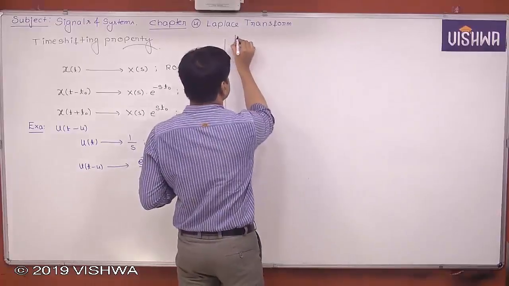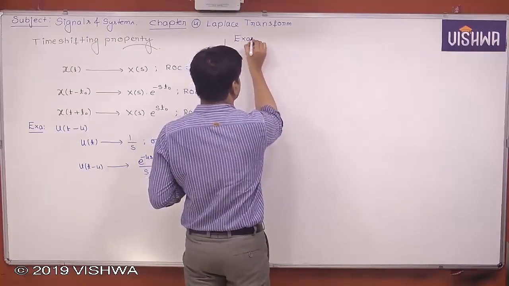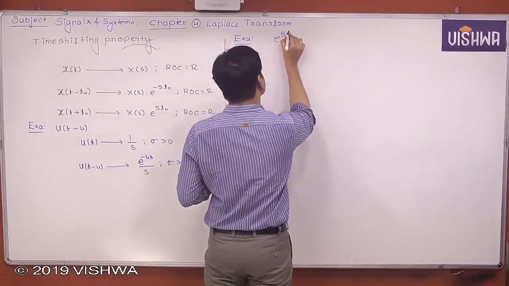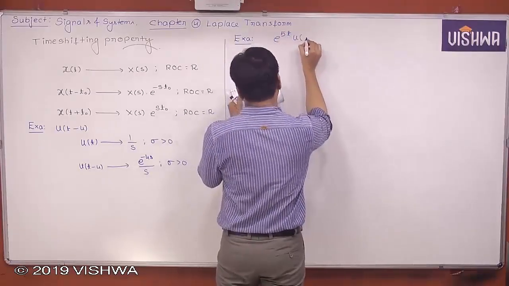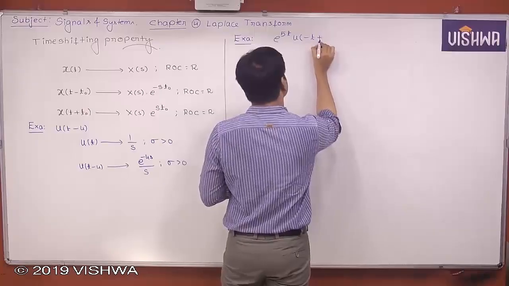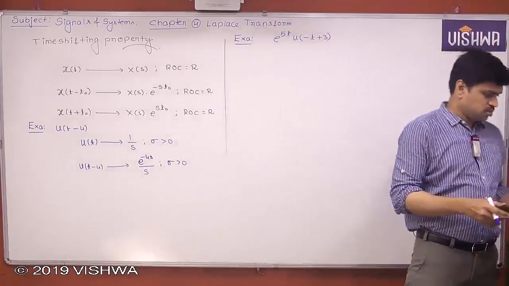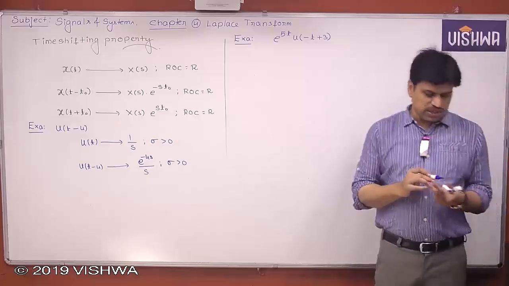Let's take another example: e^(5t) u(-t). For this signal, what is the Laplace transform?